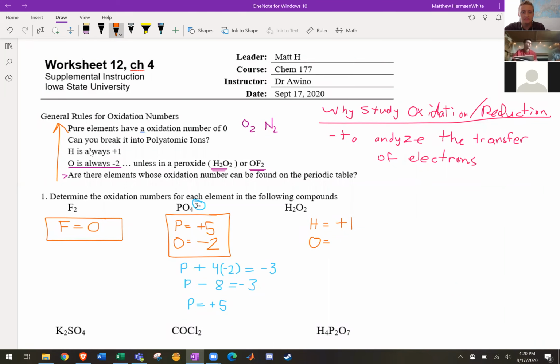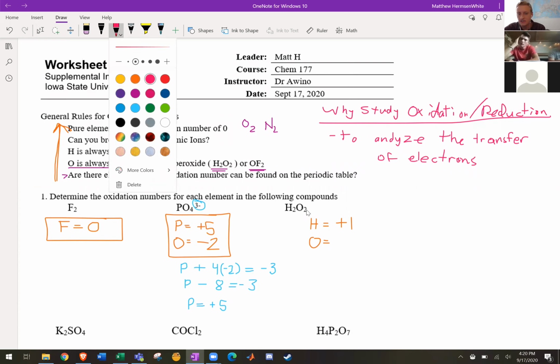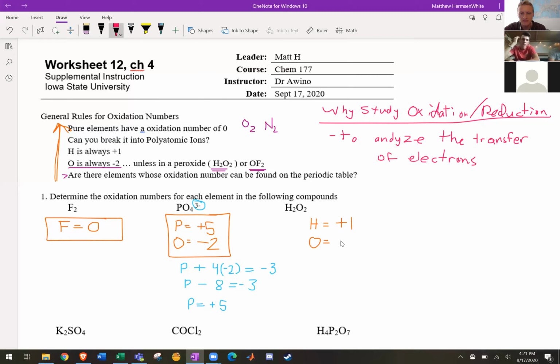And this takes precedence over the oxygen because, again, these rules are like a hierarchy. The hydrogen is above the oxygen in these rules. So we have hydrogen and oxygen. Now, you can just think about this and find the oxygen if you want, but I like to do an equation. So we have 2 times hydrogens, and each hydrogen is +1.